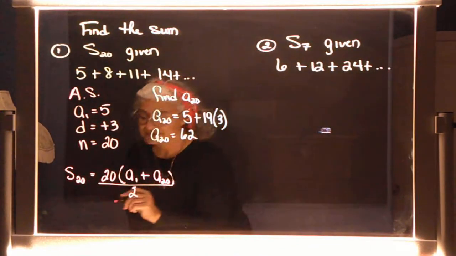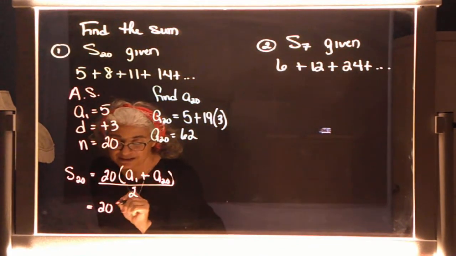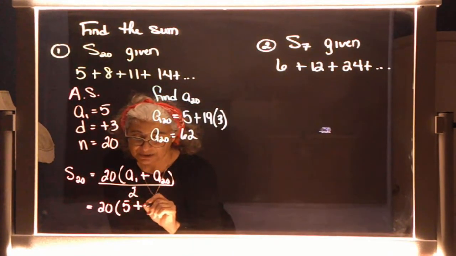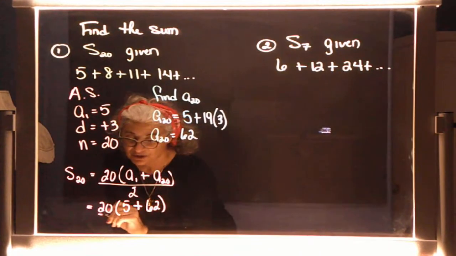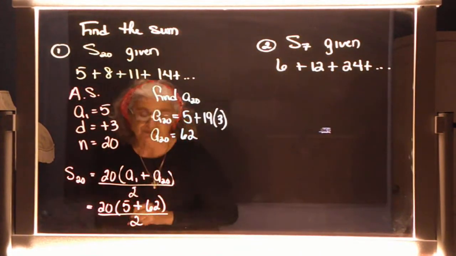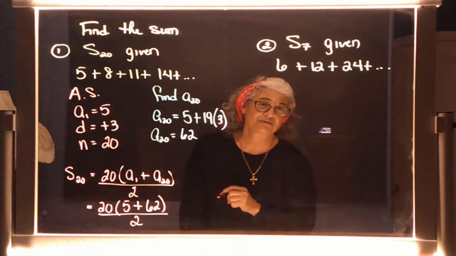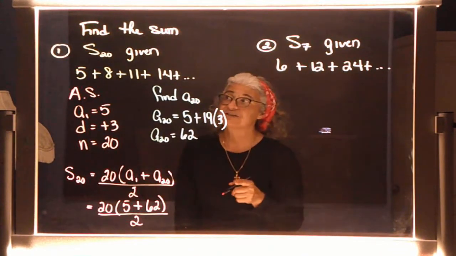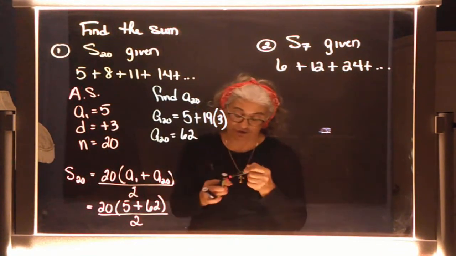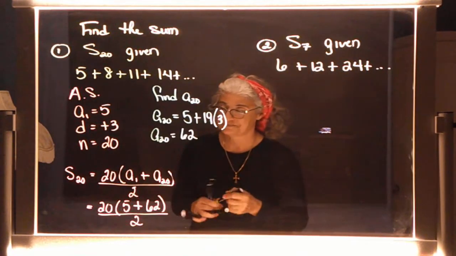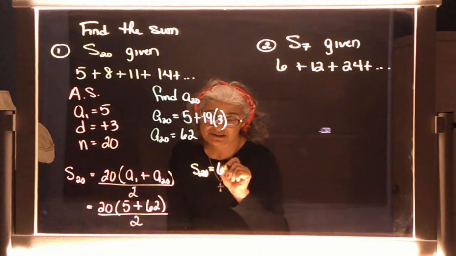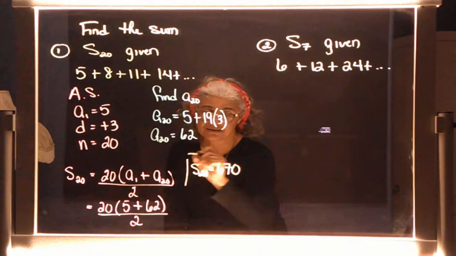Which means this now looks like 20, and in the parentheses will be 5 plus 62, all divided by 2. Cool? Okay, I know your calculators are out, you're figuring this out, and after all is said and done, I ended up in this case with S sub 20 equaling 670.